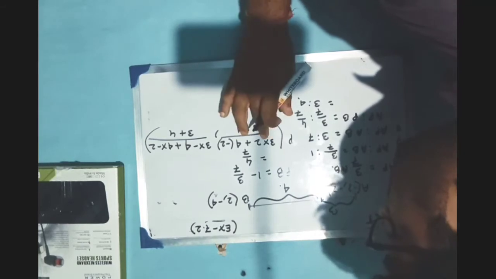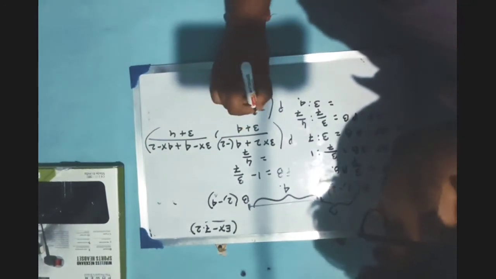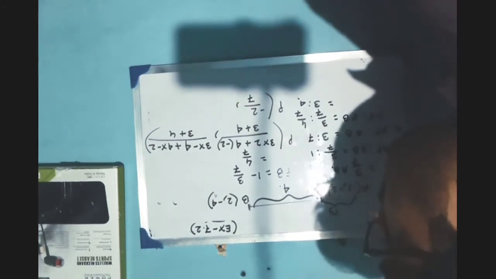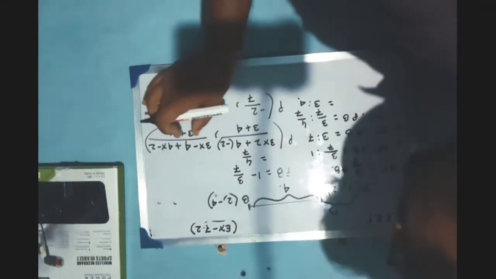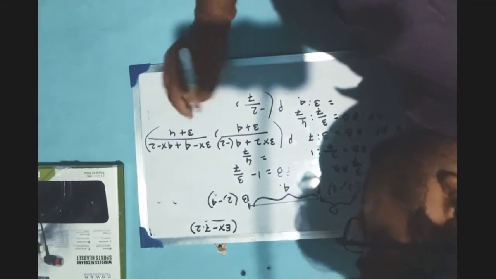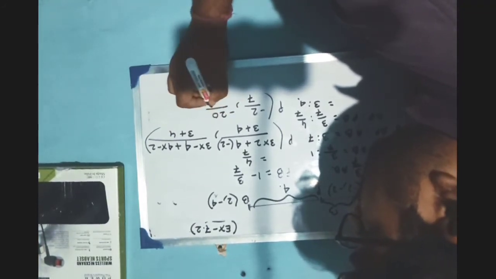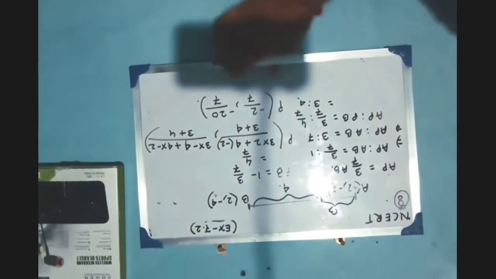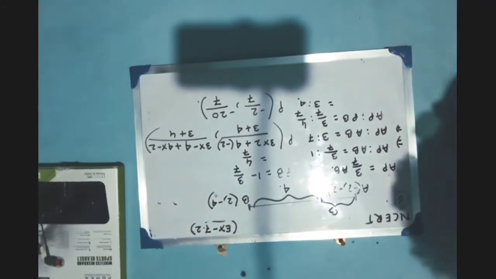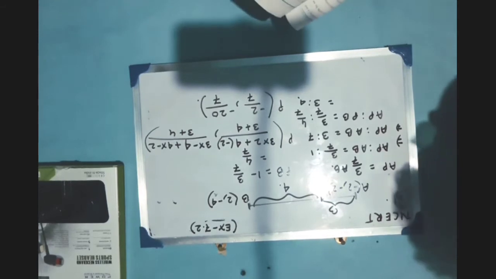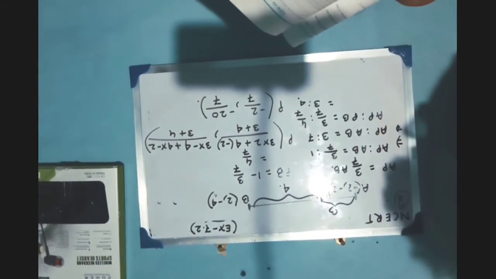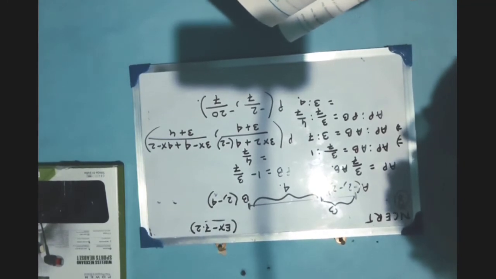That means this will be 6 and this will be minus 8, so minus 2 by 7, comma, this will be minus 12 and minus 8, minus 20 by 7. So the coordinate of P should be minus 2 by 7 and minus 20 by 7. Next come to question number 9. Find the coordinate of the point which divides the line segment AB into 4 equal parts.